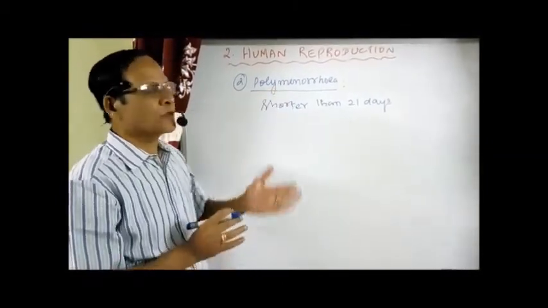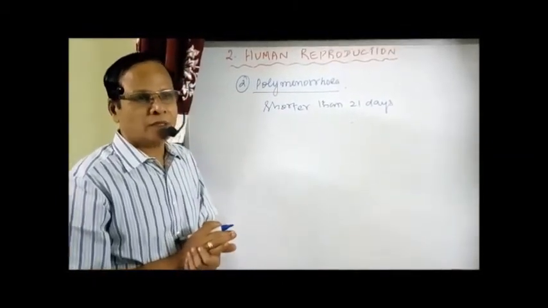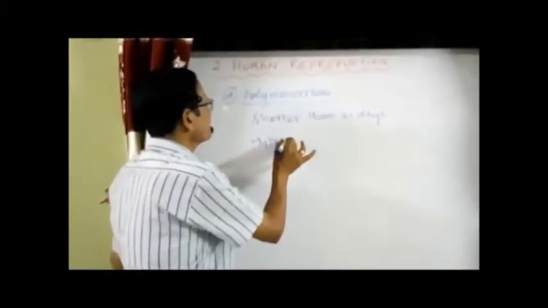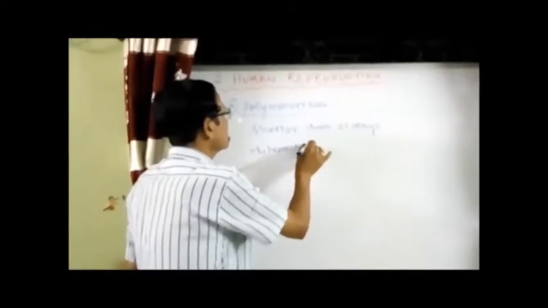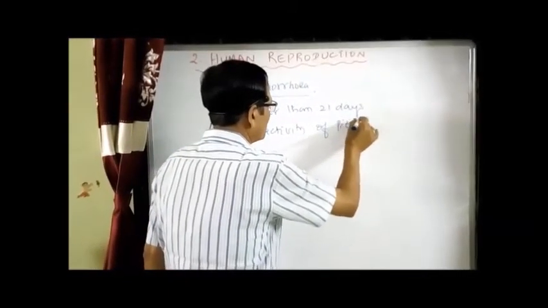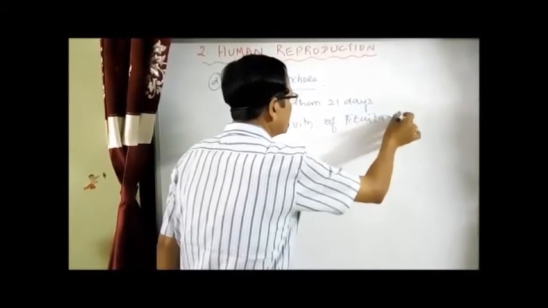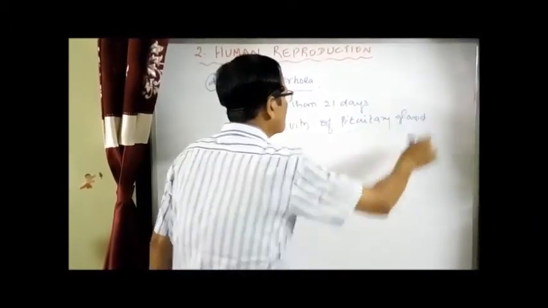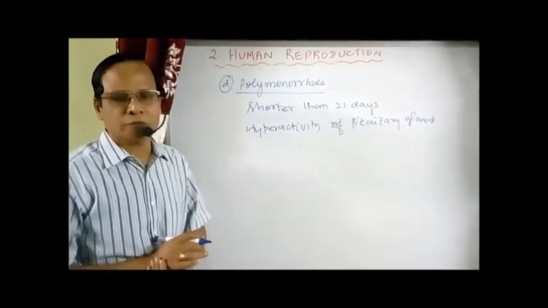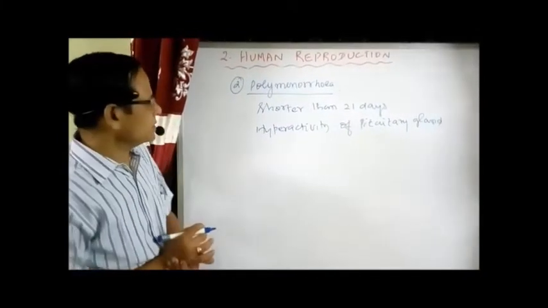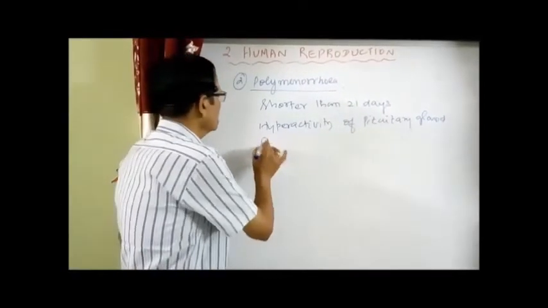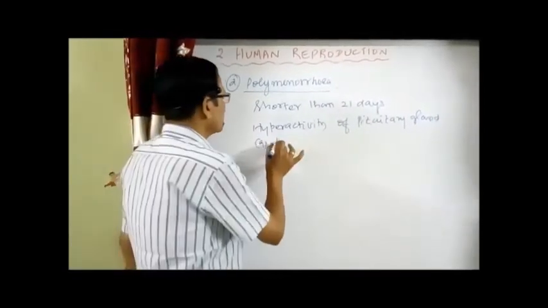Now what is the reason for polymenorrhea? It is because of hyperactivity of the pituitary gland. As a result of hyperactivity of the pituitary gland, we have frequent ovulation.